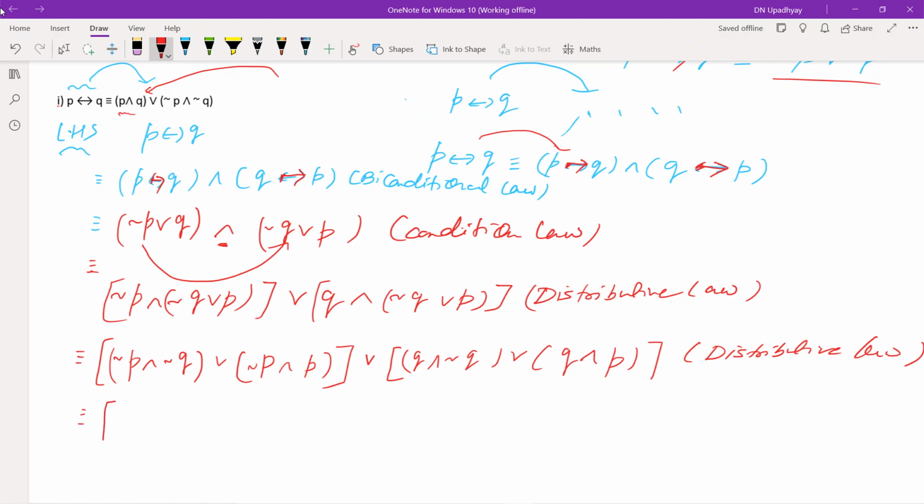Now, negation P and negation Q is this term. Okay, and this term will be negation P and P. Which law is this? Negation P and P.